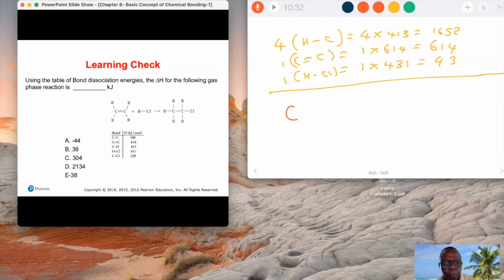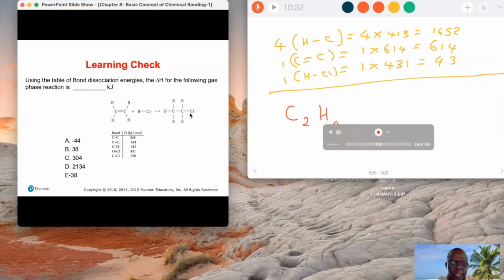This structure is the same as this, except that this is condensed. If it is in this format, you may not be in a position to really see where the double bond is, where the single bonds are, and what is connected to that.